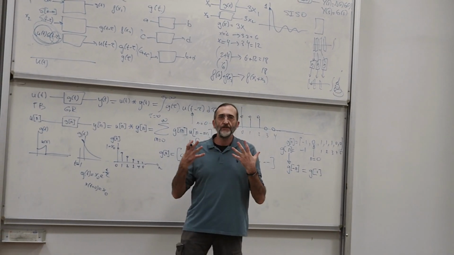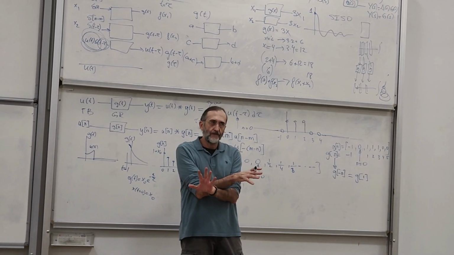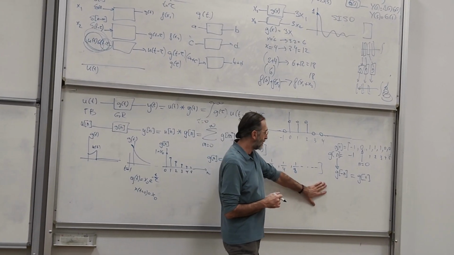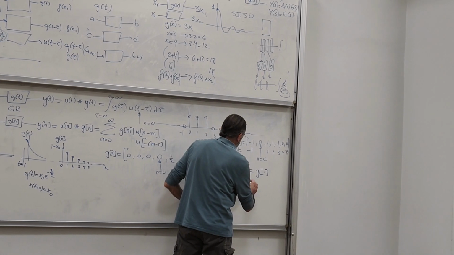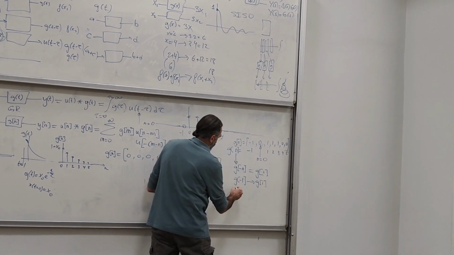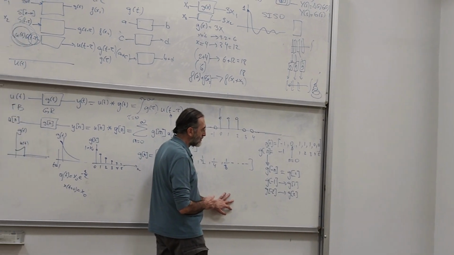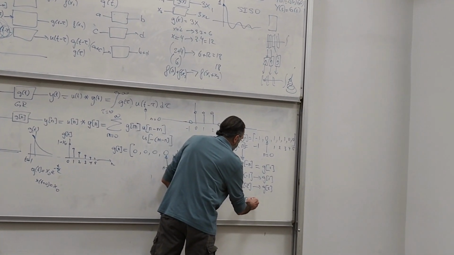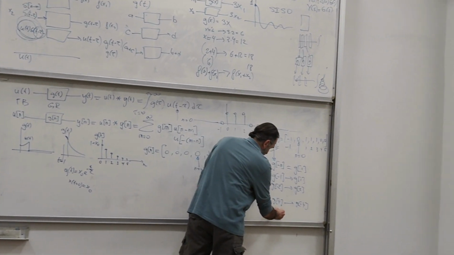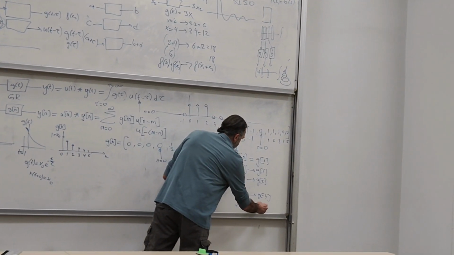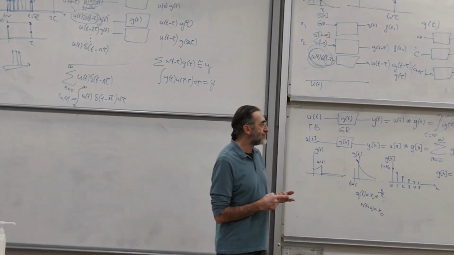If I wanted to do that operation on the system, reverse the sign, then g of minus 1 would turn into g of 1, g of minus 2 would turn into g of 2, and g of 4 would turn into g of minus 4. Only g of 0 would stay g of 0.